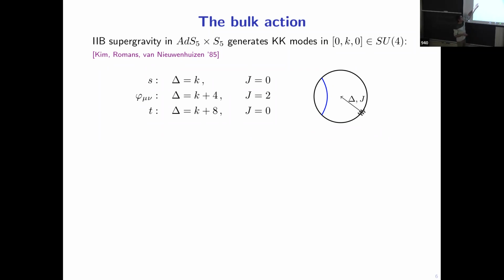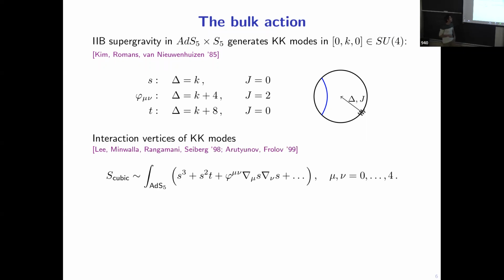And then the operators, as you can see, form multiplets under this. So these three operators here are some of the operators in a certain multiplet. And then what you should imagine is that for each of these operators, you can put some operator at the boundary, and then this can fluctuate in the bulk, and in the bulk it can interact in some non-trivial way, and that's what's going to make some process happen.